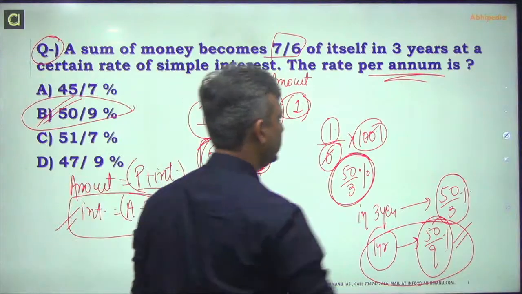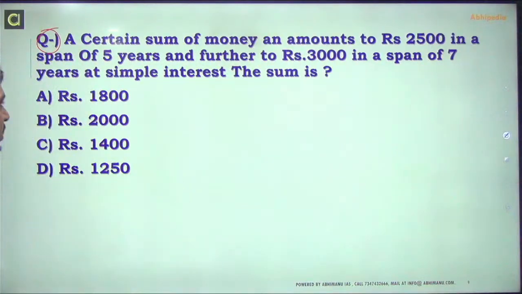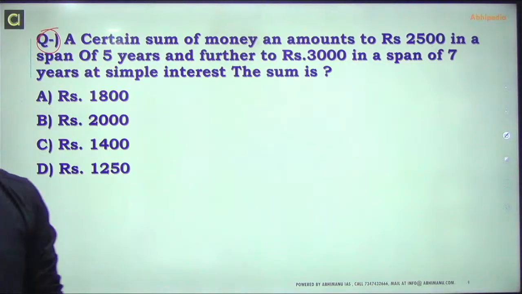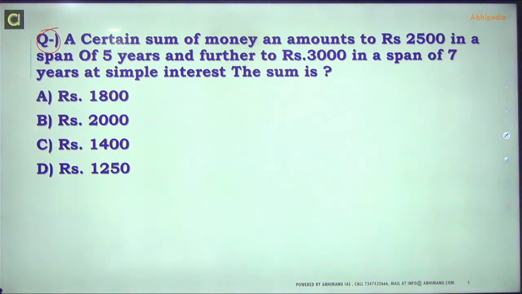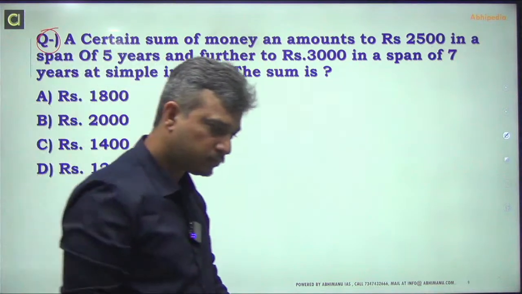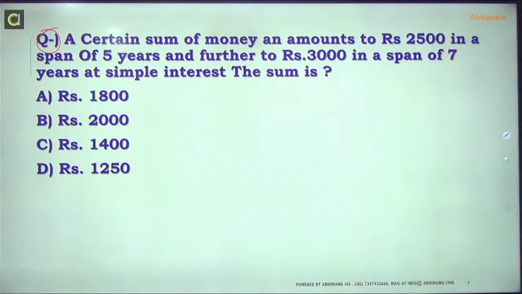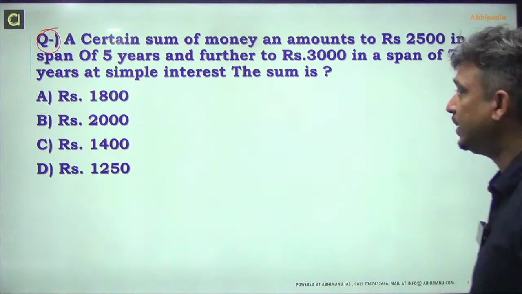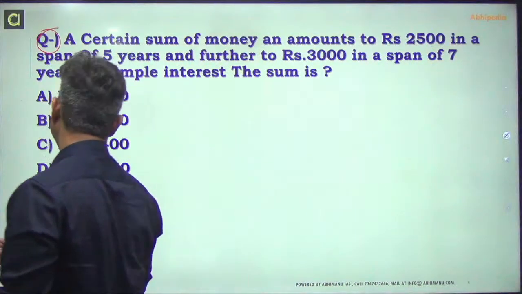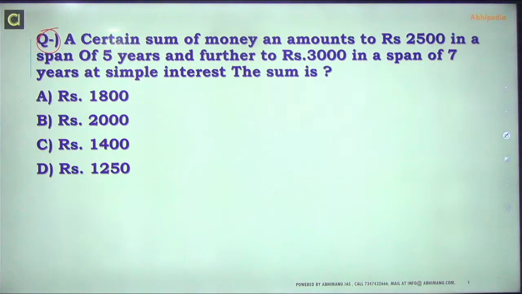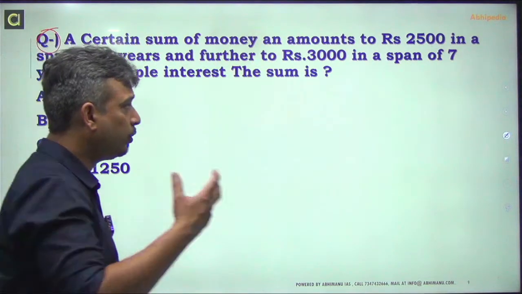Okay, it is clear. So next question, tell me the answer of principal. Only we have to find out the principal. You don't have to worry about the rate of interest. A certain sum of money amounts to 2,500 in a span of 5 years, and further 3,000 after 2 more years.